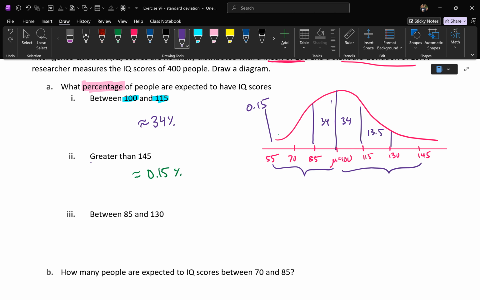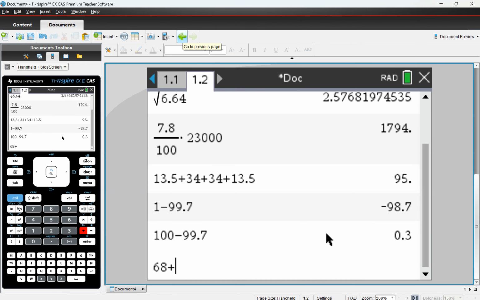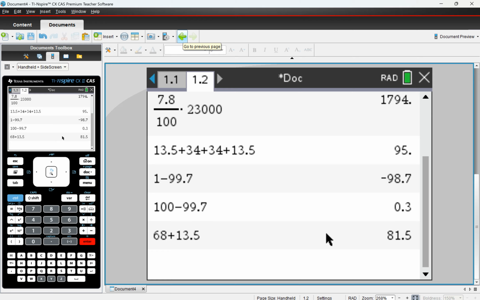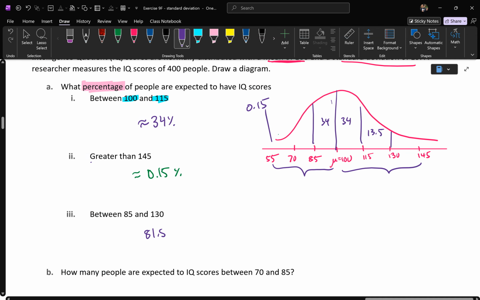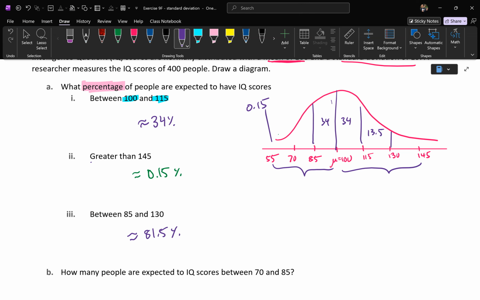So together it's 68 plus 13.5, 81.5% approximately. But again, you didn't have to do it if you didn't know the regions. You could have just used 68, worked out that these sides are 32, and then subtracted what's left over for the 95 as well. You can get creative with it, but having the chart makes it easier.